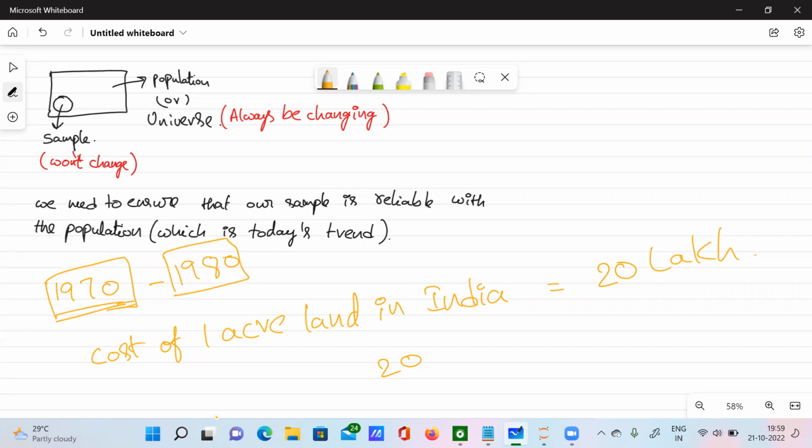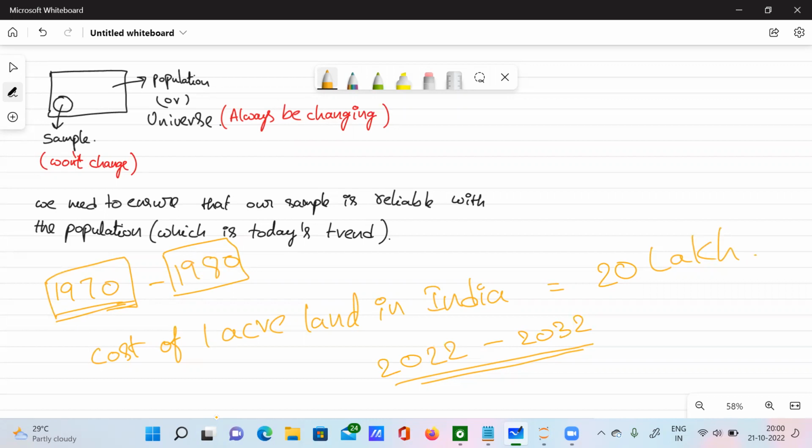Now I want to know the cost of 1 acre of land for 2022 to 2032, based on this particular data. So I build some kind of linear regression or some other machine learning model, then I'll predict some kind of output here. For the 10 years span of that period, 1970 to 1980, the cost of 1 acre of land in India is approximately 20 lakh, for example.